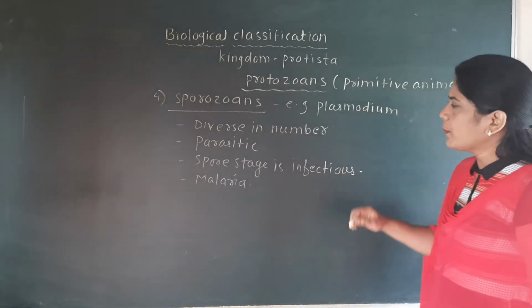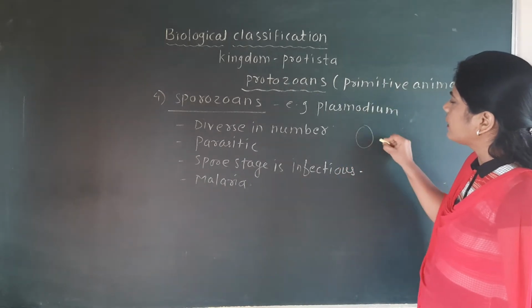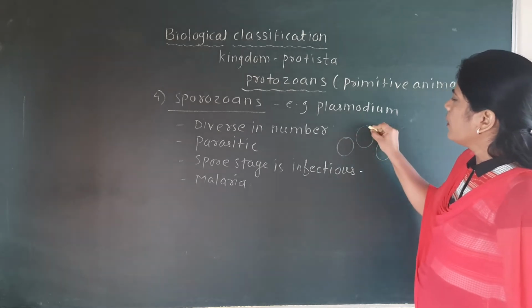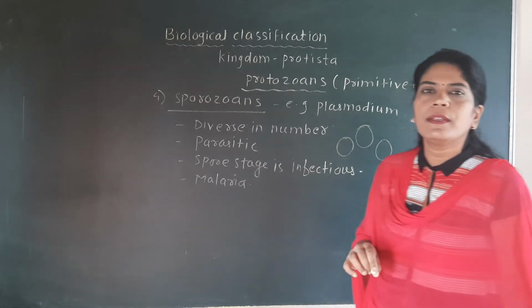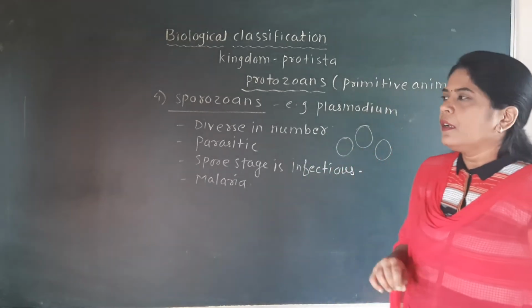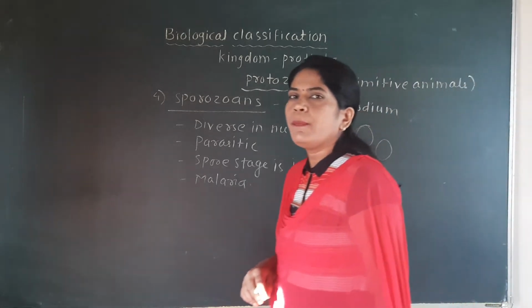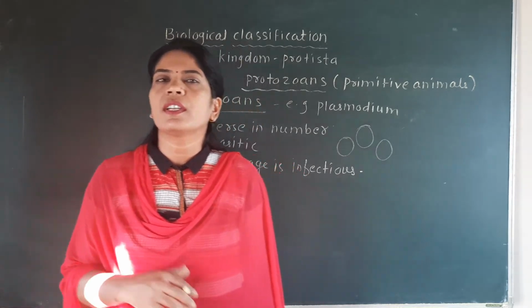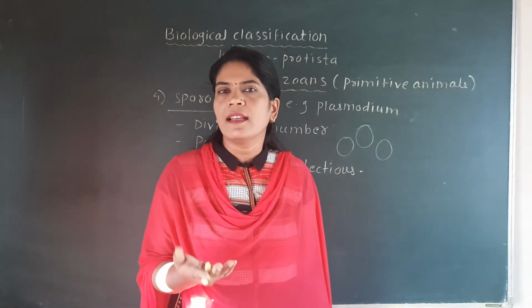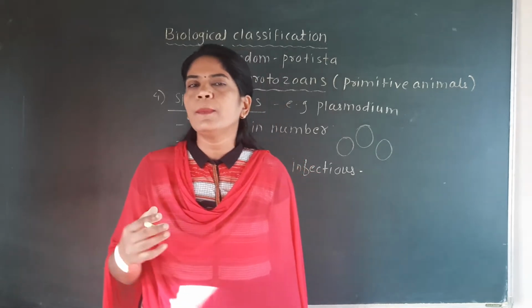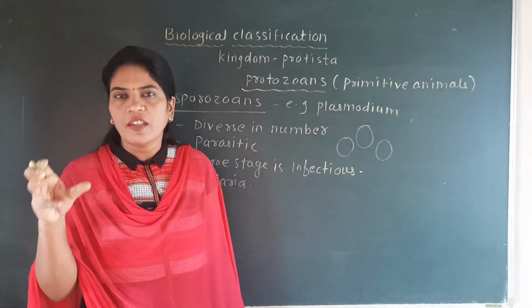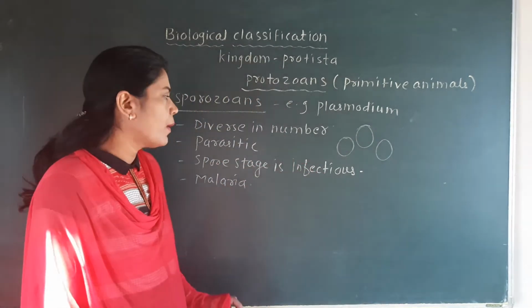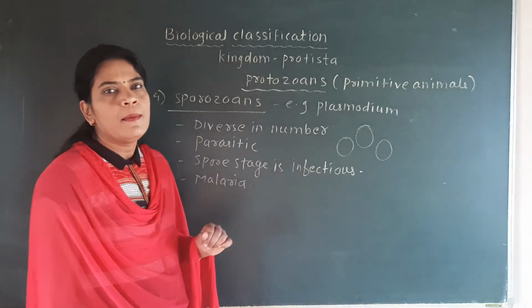So what is meant by spore? Spore means a rounded seed-like structure produced by this plasmodium, because the example is the plasmodium. And what is important is that they produce a spore-like structure, and if that spore-like stage gets inside the body of the human being, then there will be a disease, and the name of that disease is malaria.